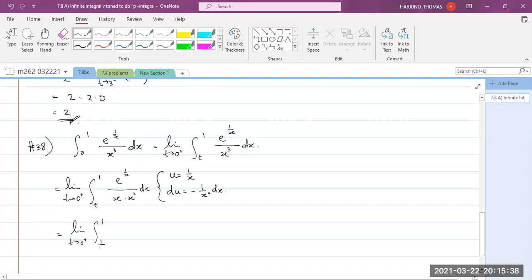This becomes 1 over t, e to the u, and negative du. So this guy here is this. That's negative du, right? This is 1 over u. I mean, this is u. Okay, and this is also u.